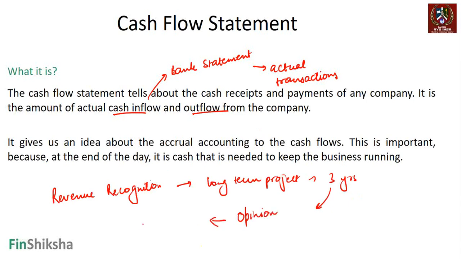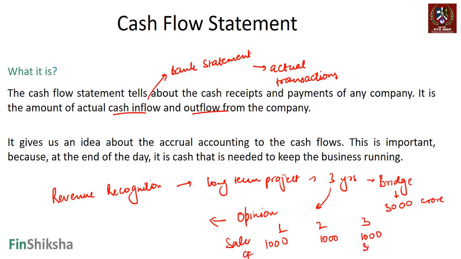So let's say there is a 3-year project for building a bridge worth 3000 crore. Now, it's quite possible that in years 1, 2, and 3, you're booking 1000, 1000, and 1000 of sales, but your cash flow is just 3000 at the end of the third year, right? It is quite possible that this scenario is happening.